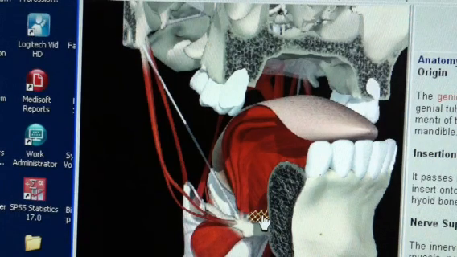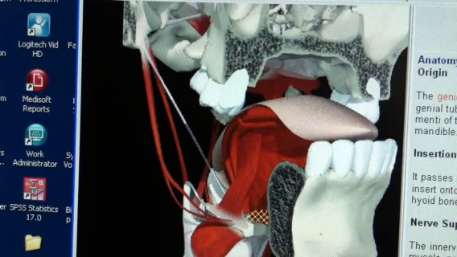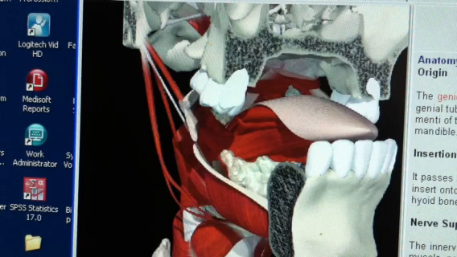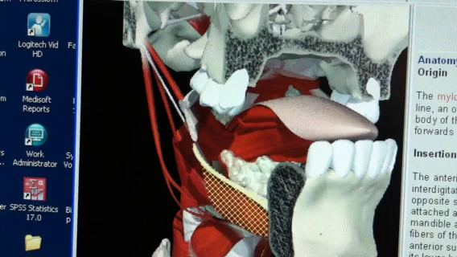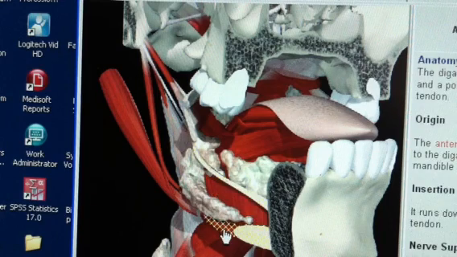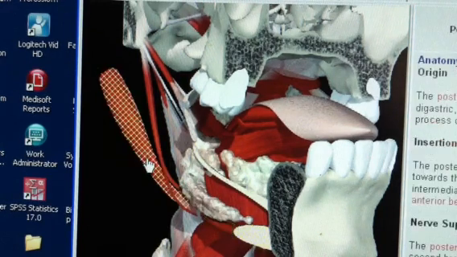All right, so geniohyoid, then mylohyoid, then anterior belly of the digastric, which meets the posterior belly of the digastric prior to its insertion into the hyoid bone.